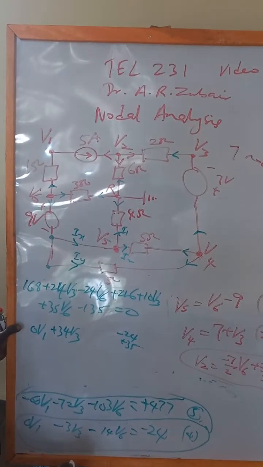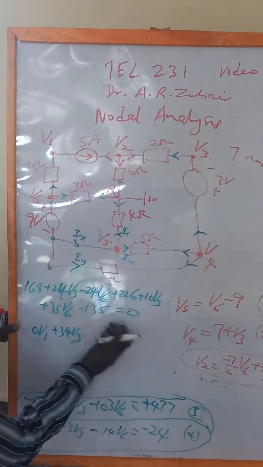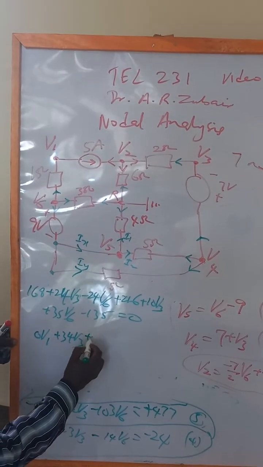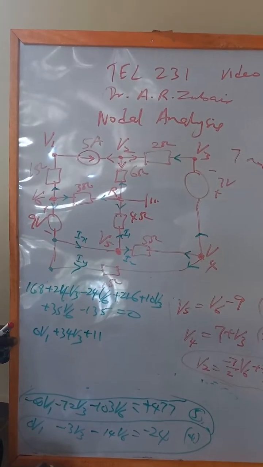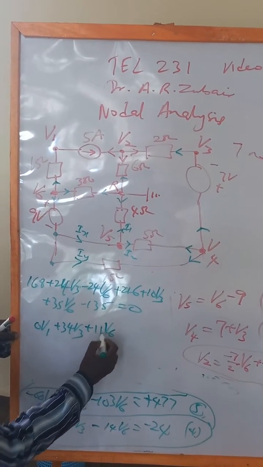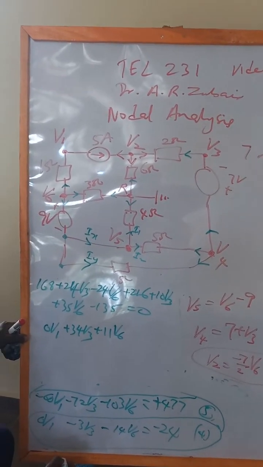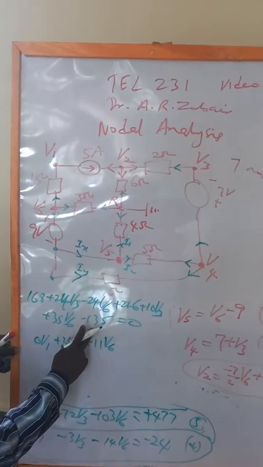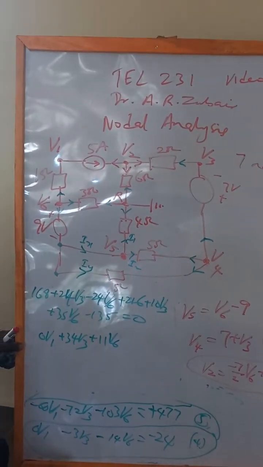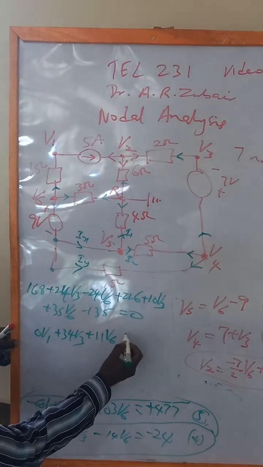What is that? That's plus 11 V6. And then minus 135 plus 168. What do you have? 33. That goes to the other side.